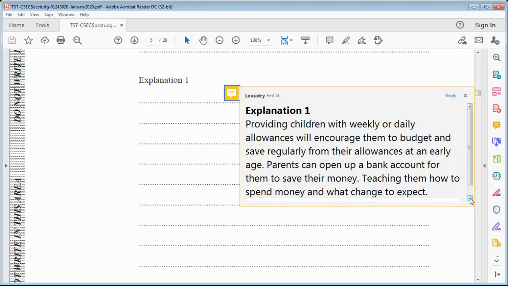Parents too can teach them how to spend money and explain to them what change they should get and so on. And in doing this, they're actually preparing them, training them to be responsible when it comes to handling their finances properly as an adult.